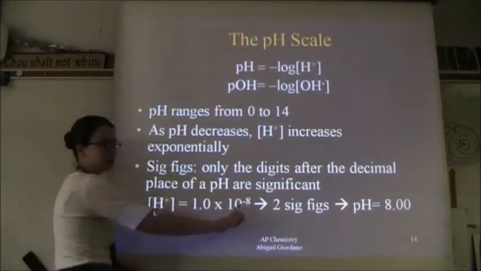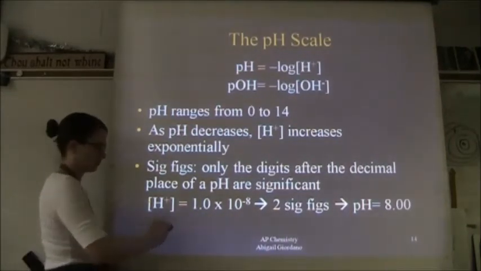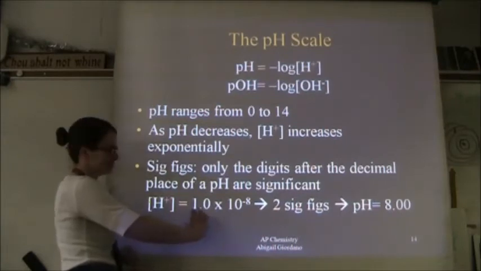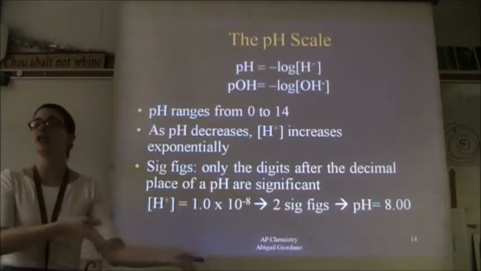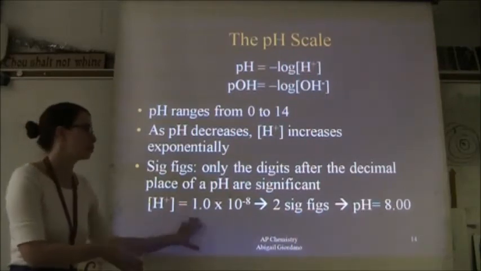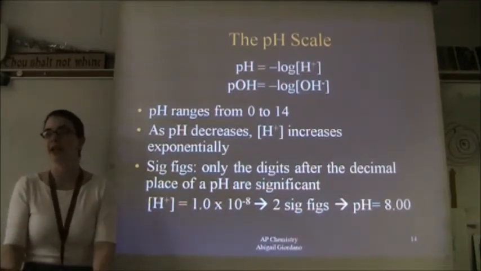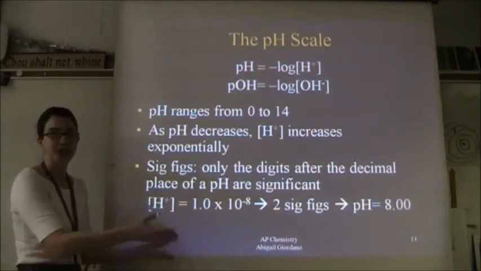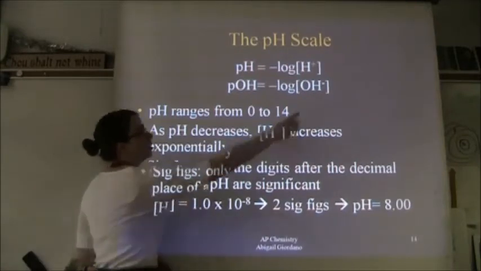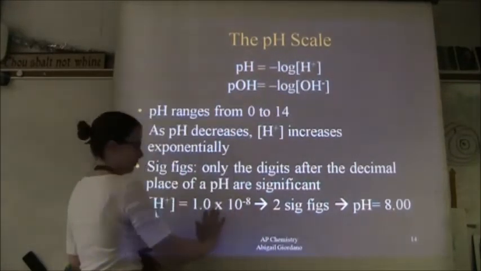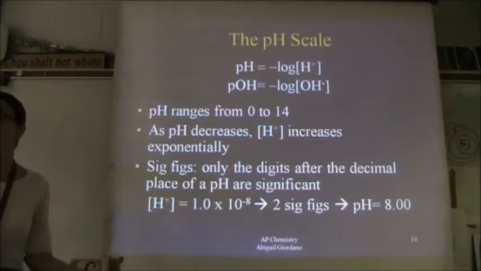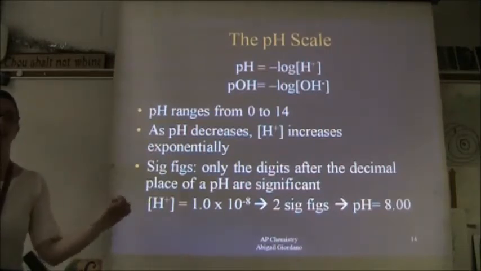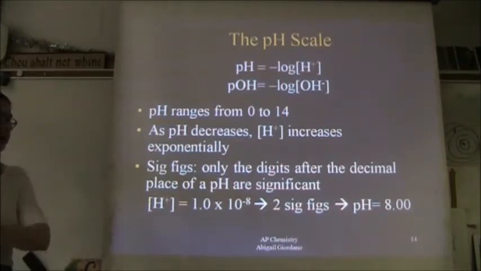Again, shame on me for not putting units. Here's my molarity, and I say to you, calculate the pH. Well, this one's really easy. Hopefully you wouldn't even need a calculator, but if you did, you took the negative log of this number, and the number 8 is going to come up in your calculator as the answer. But you are not going to report pH equals 8. No, because you know better.